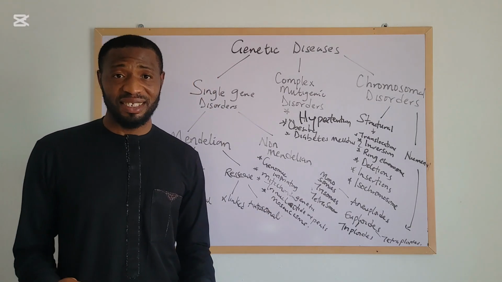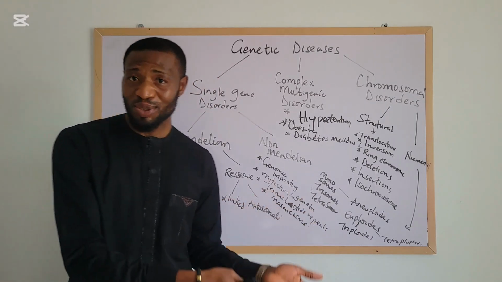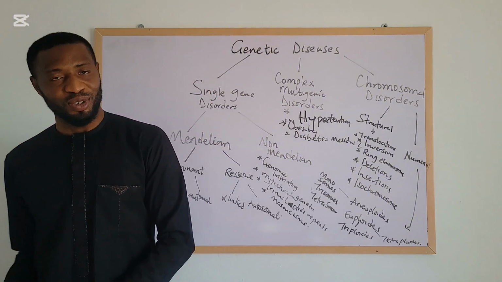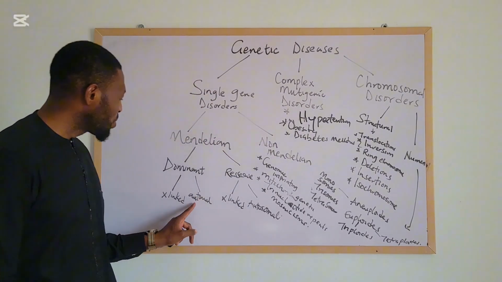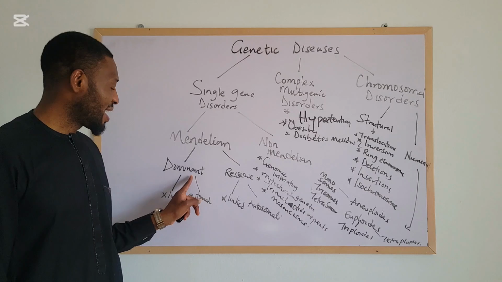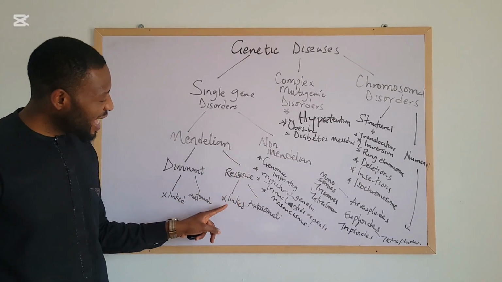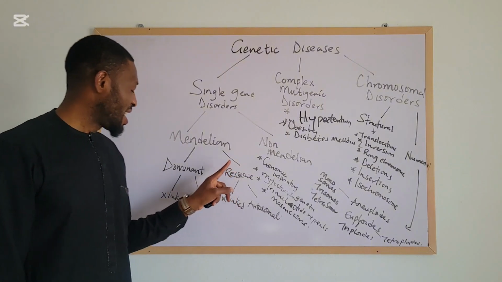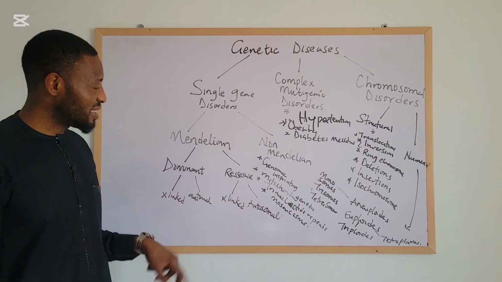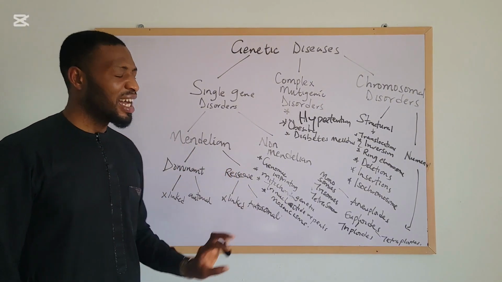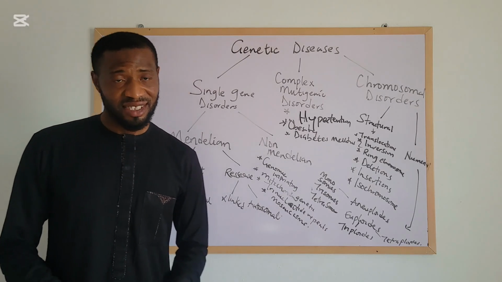And these diseases can either affect the X chromosome or they can affect autosomes. So we can have autosomal dominant diseases, autosomal recessive diseases, X-linked recessive diseases, and X-linked dominant diseases. And these diseases have their different characteristics.